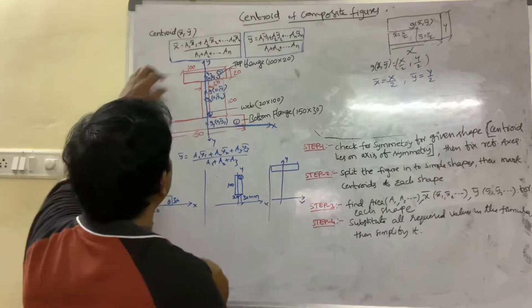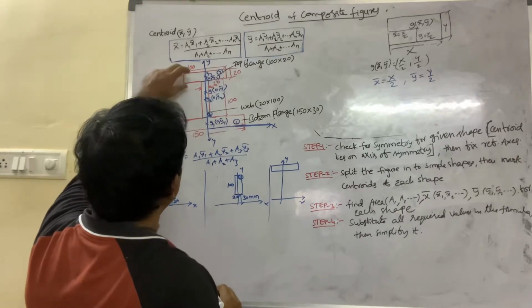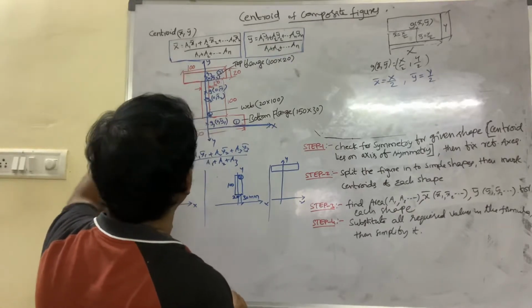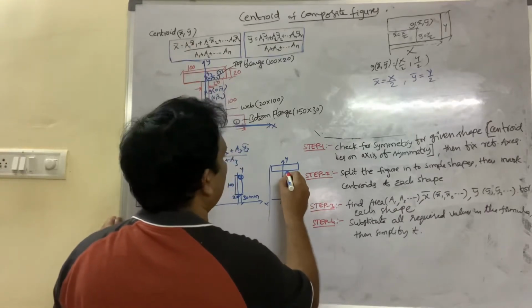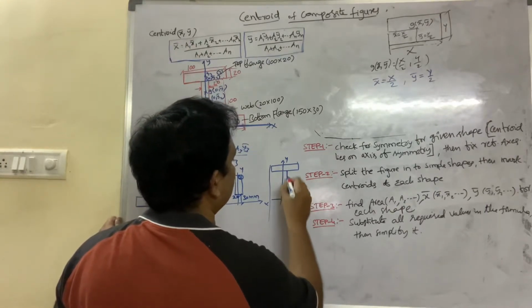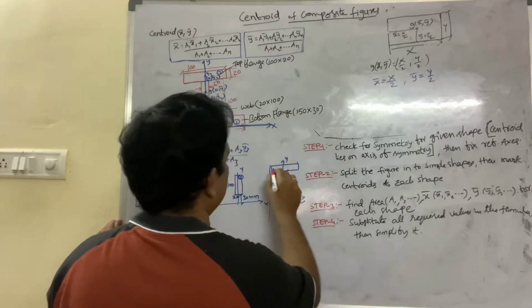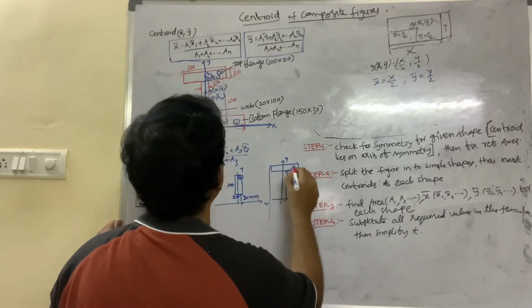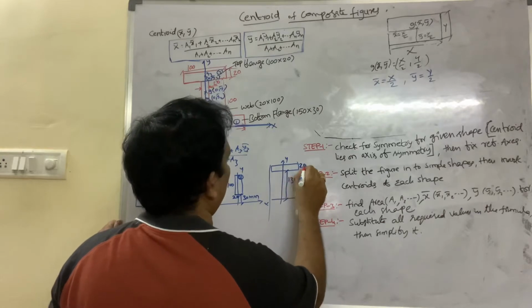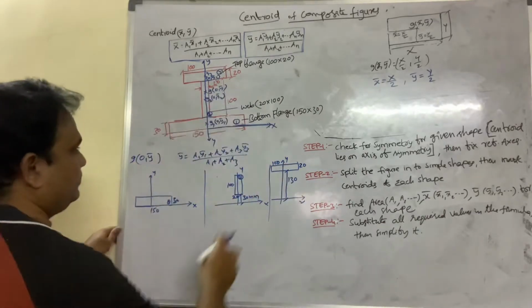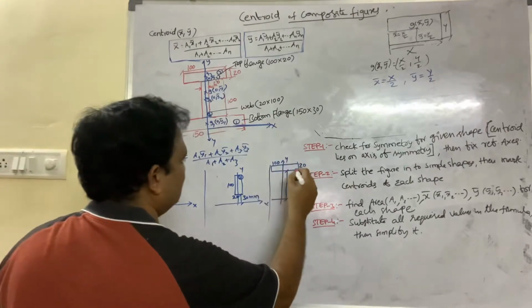This third member is located already at a height of 30 plus 100, that is 130 mm from the x-axis, and this is the third member with the dimensions 20 into 100. And this is the third one.